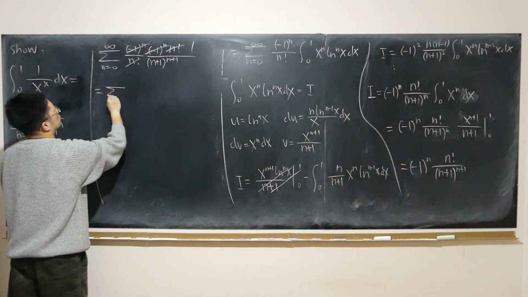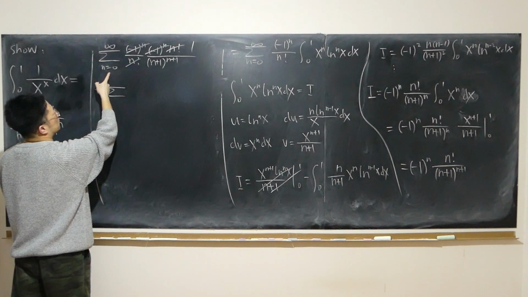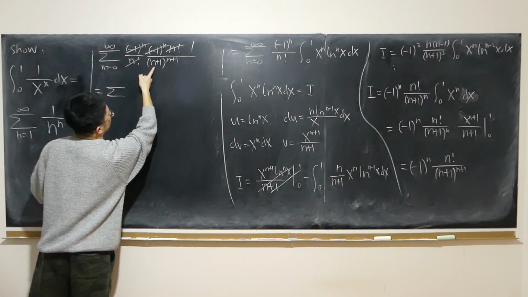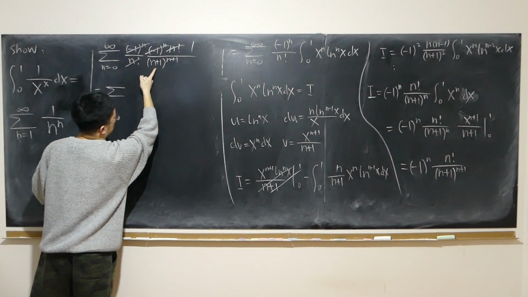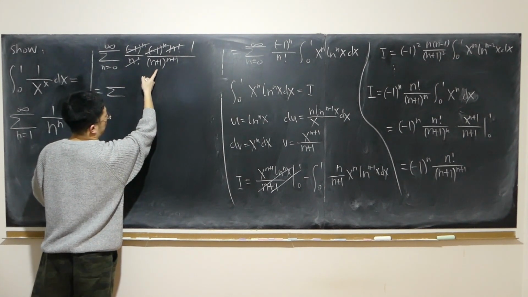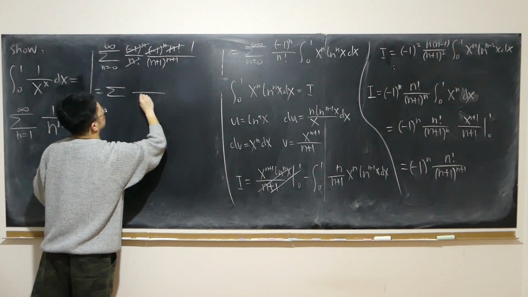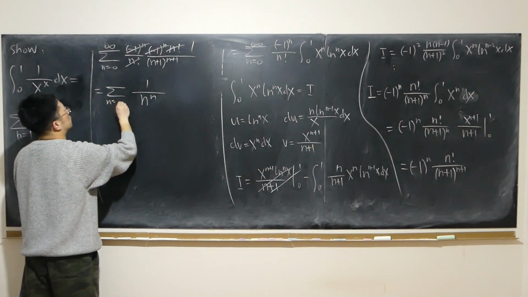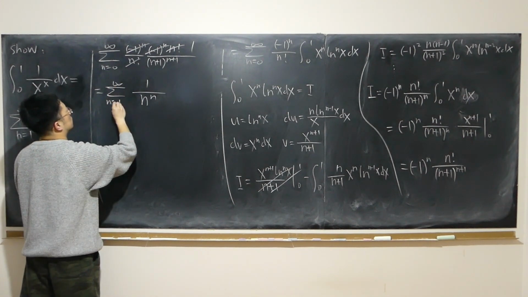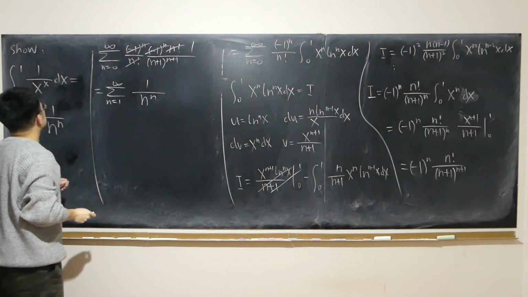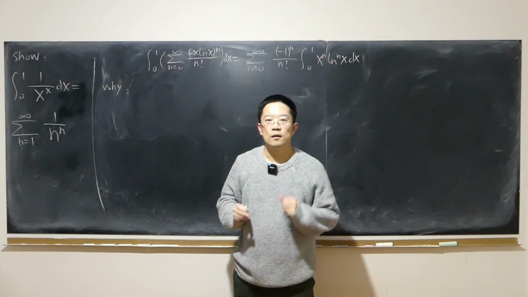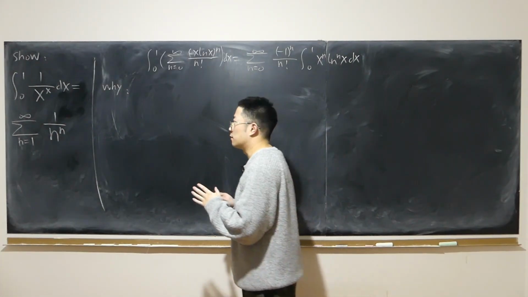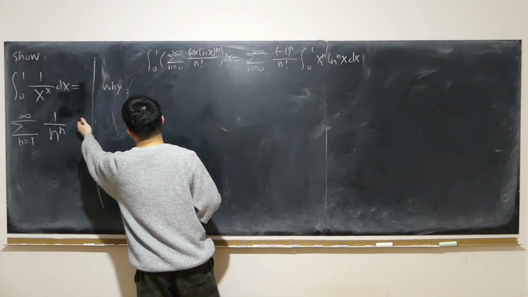I'm starting from 1, in other words, if I replace n plus 1 with n, it's 1 over n to the power of n, starting from 1. So right now I'm done proving this identity.